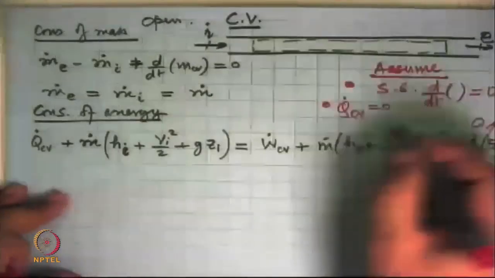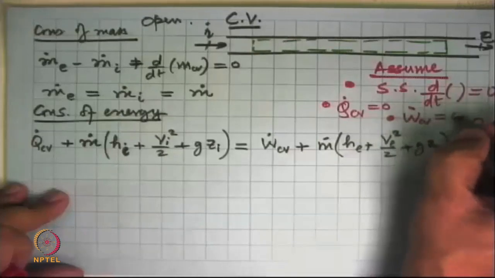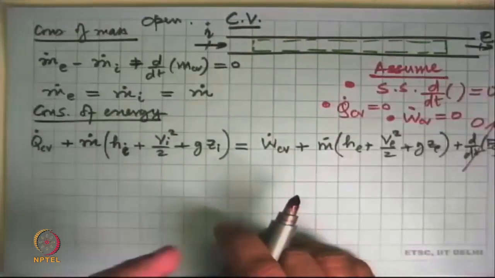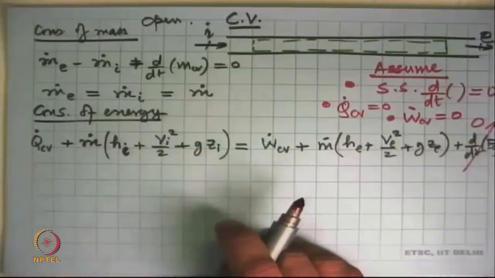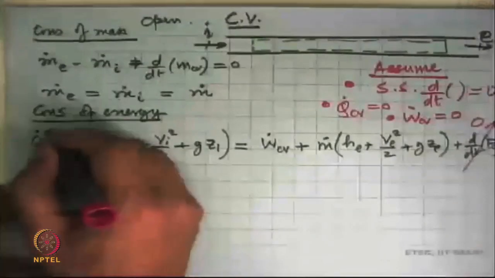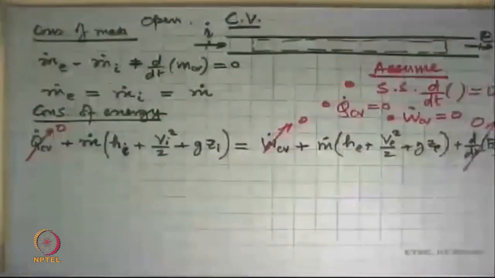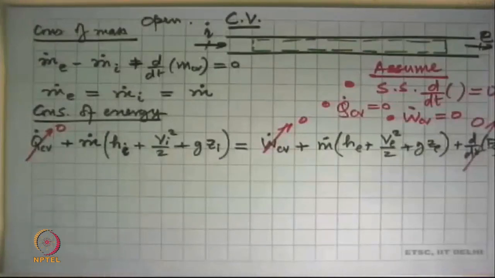If Q dot CV is 0 and W dot CV is also 0, that means we are not doing any work on it. There is no pump or any piston or something else going on. So we assume these two are also 0, then those terms go off, and we are left with a simple term.